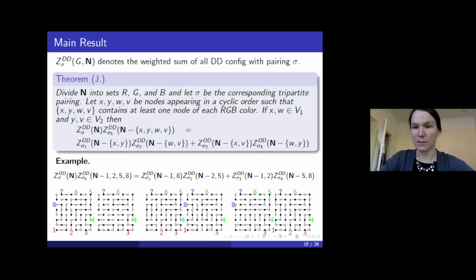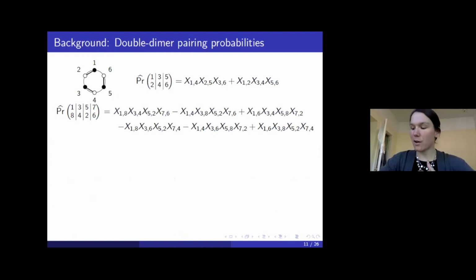So another version of this theorem where it's not cyclic order would maybe have a minus sign here instead of a plus. Okay. So unlike the proof of Quo's theorem, this is not going to be a nice bijective proof. We're going to use the Desnanot-Jacobi identity with a matrix that counts tripartite double dimer configurations.